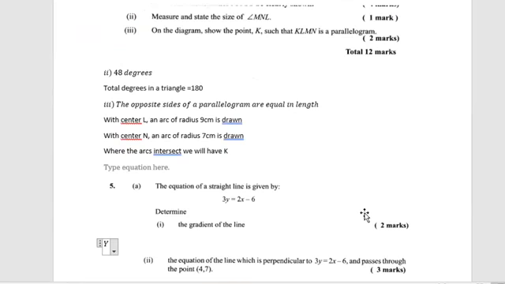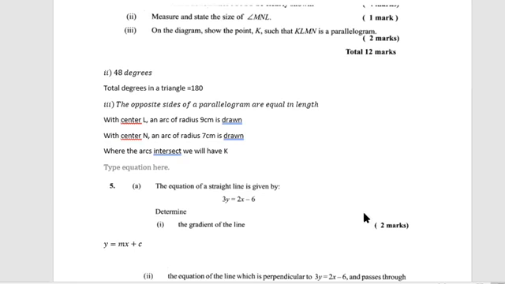So what we know is that the equation of a straight line is usually written as y is equal to mx plus c. What is m? Gradient. What is c? Y-intercept.